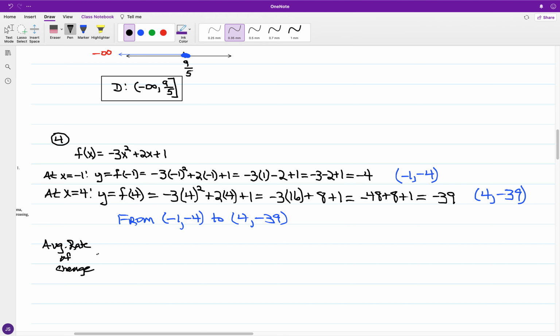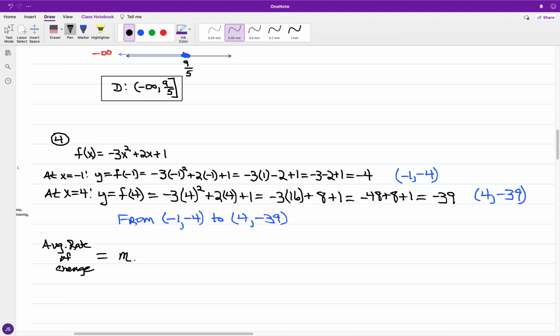So you're looking at the slope. The graph of the function is not a straight line, but if I have a straight line cut through these 2 points, I can find the average rate of change for this slice of the pie, so to speak.